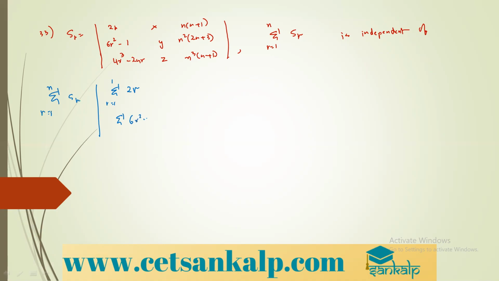Sum of 6R square minus 1, R equal to 1 to n. Sum of 4R cube minus 2nR, R equal to 1 to n. Whereas the other columns will remain the same because they don't have R and they are not going to get affected. That is very obvious.